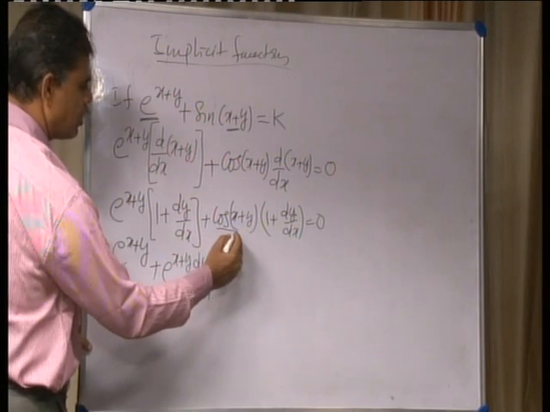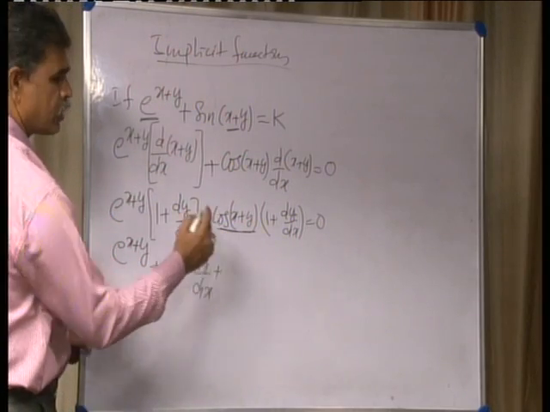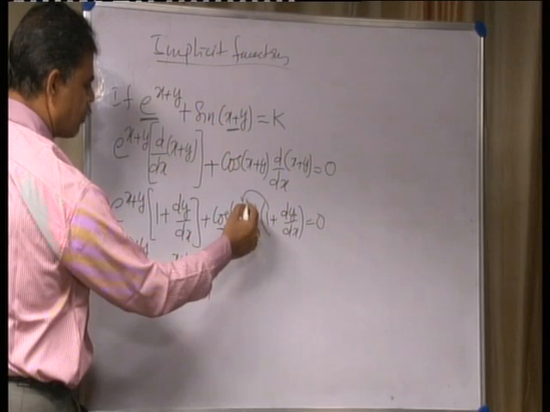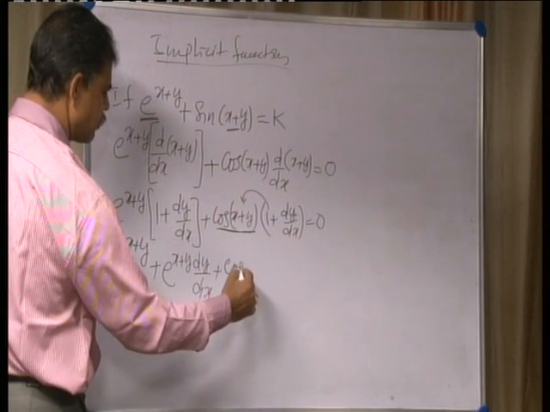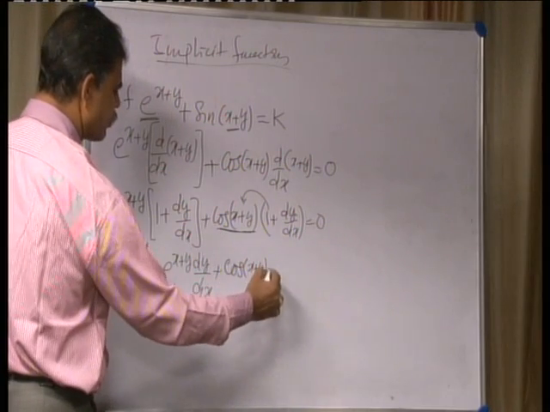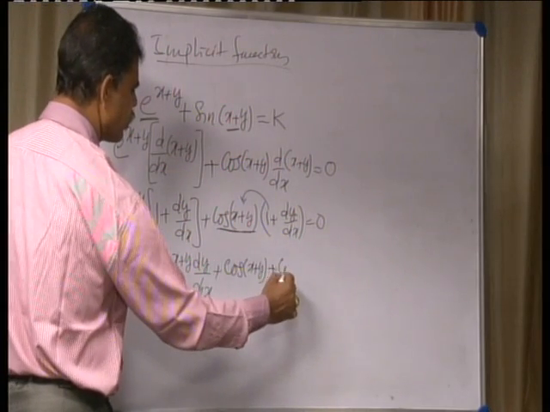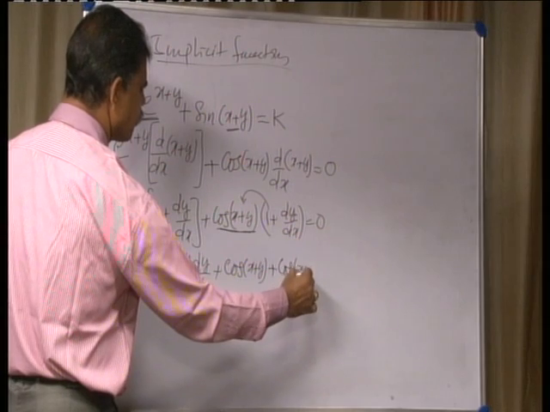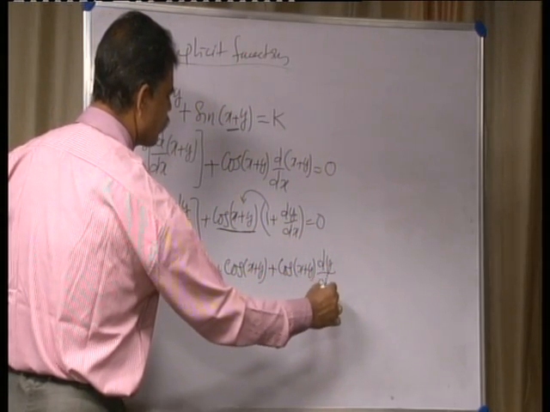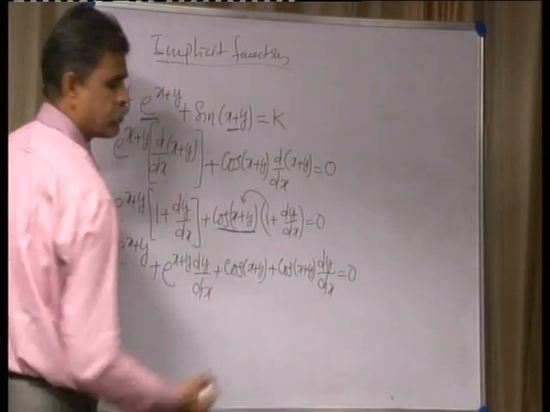Cos of x plus y is only one term. So, this is multiplied with 1, you will get cos of x plus y, plus cos of x plus y into dy by dx is equal to 0.